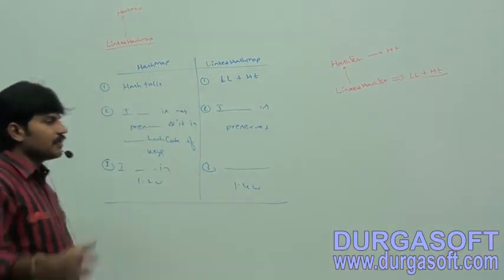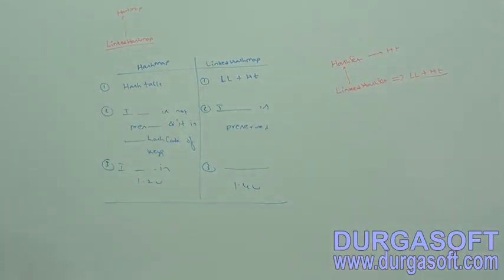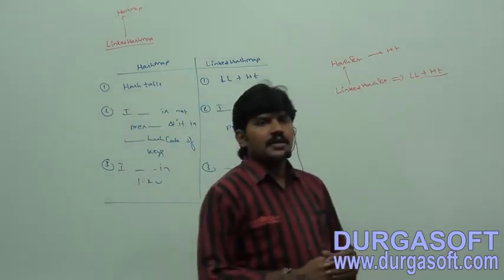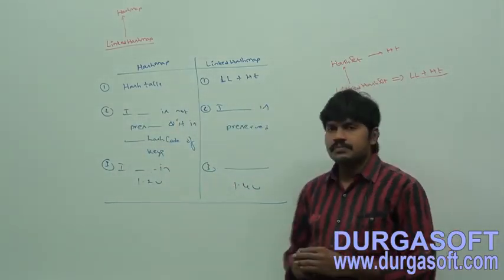At the first point, what is the underlying data structure? For hash map, the underlying data structure is hash table.